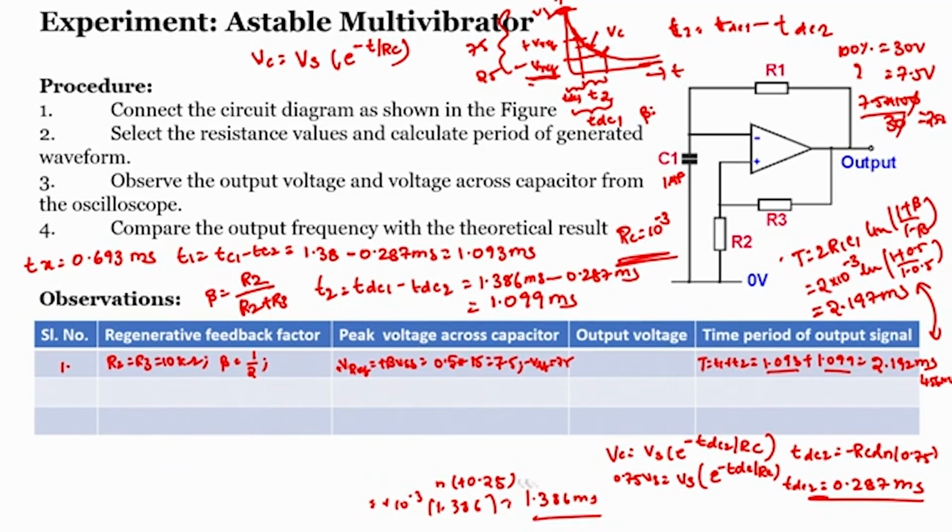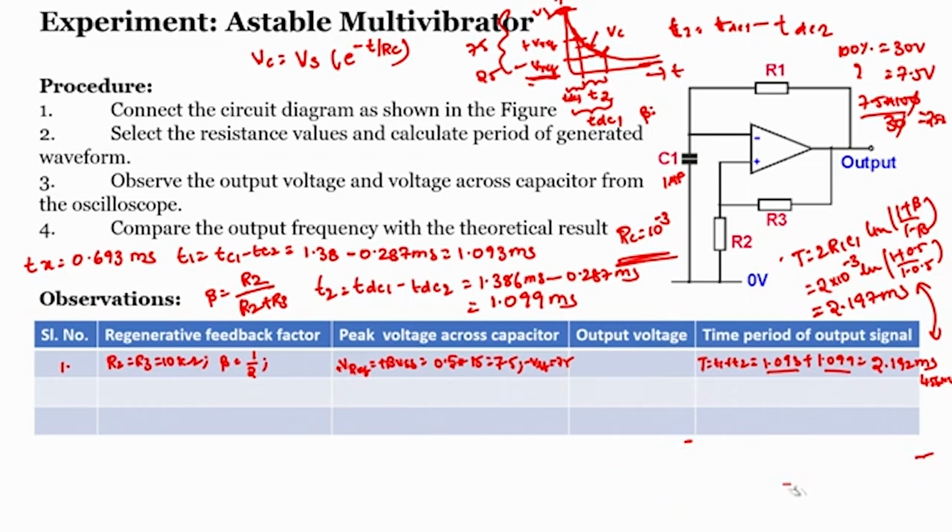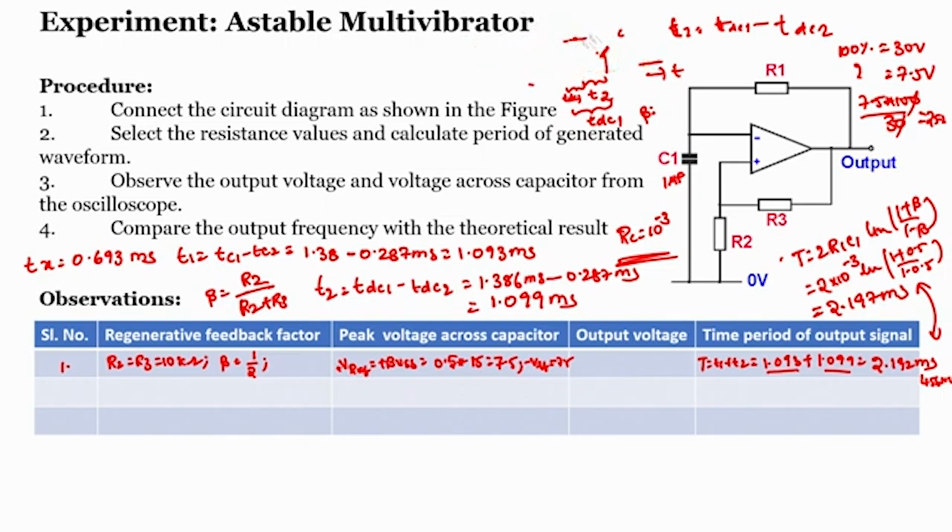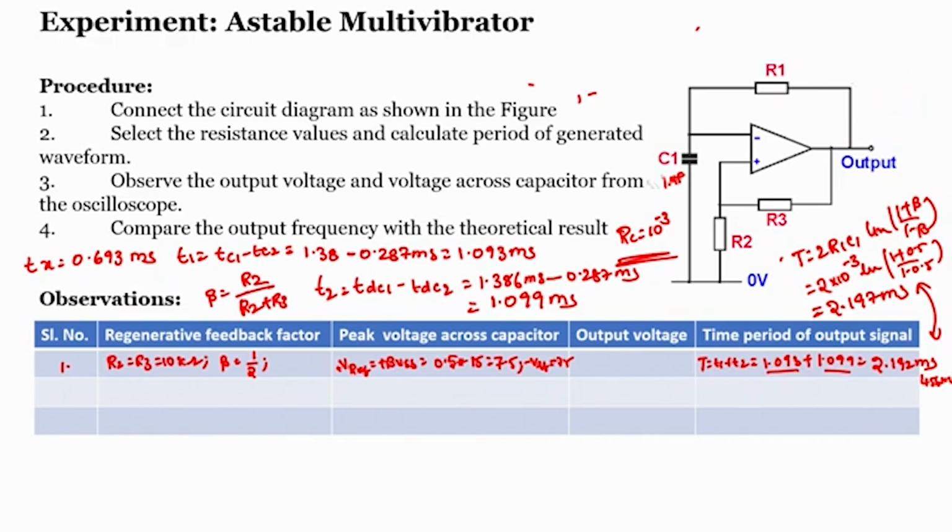So we will open our Multisim, right. And we have also calculated our Tx, right. We can also see the Tx value too. This is 1 kilo ohm, this is 1 microfarad, right.